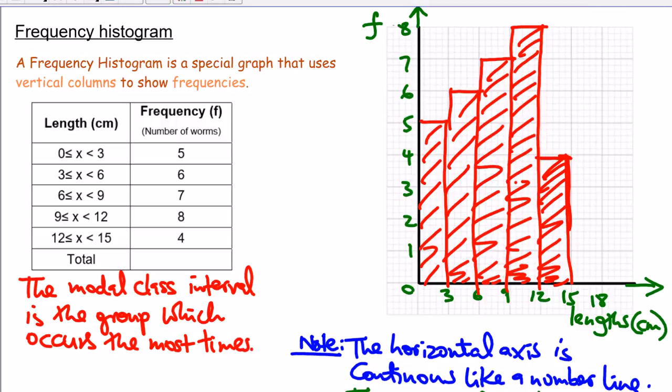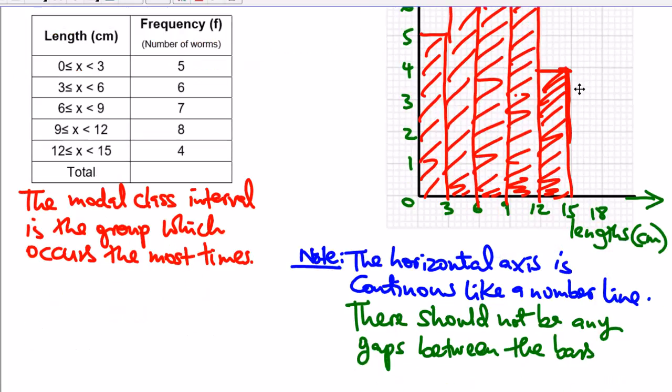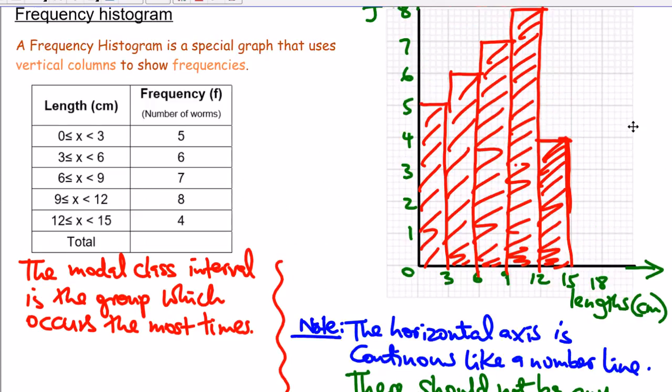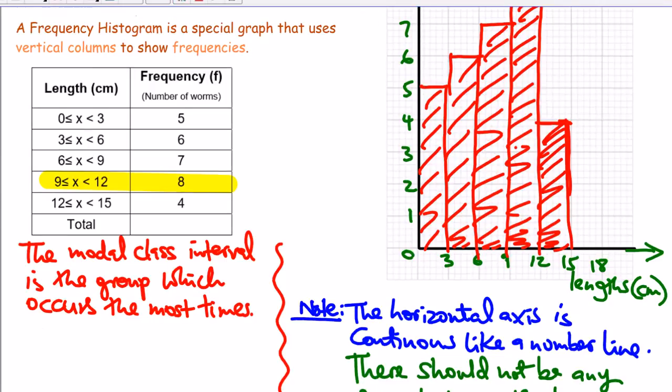So what you're saying here is the modal class interval is a group that occurs most times. Now, if you look at the table where we represented this data, you can see that actually the modal class will be 9 to 12.